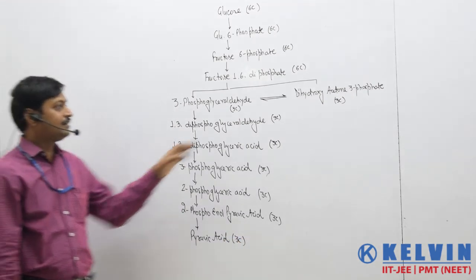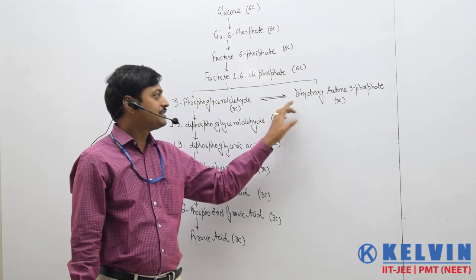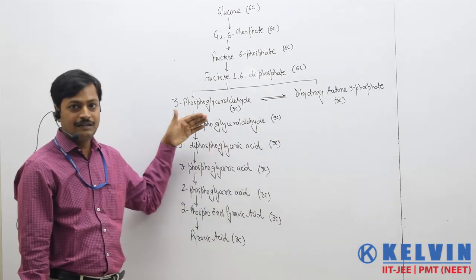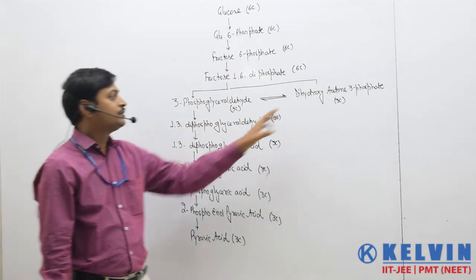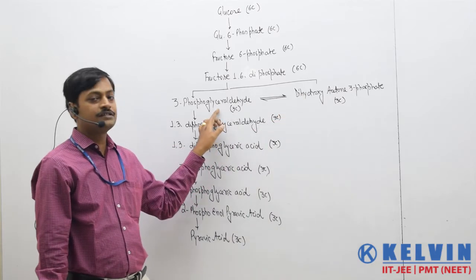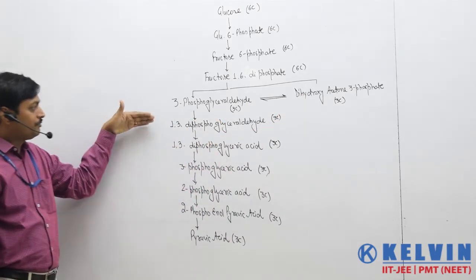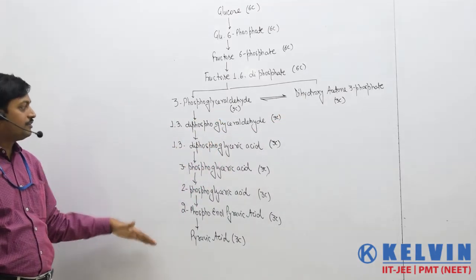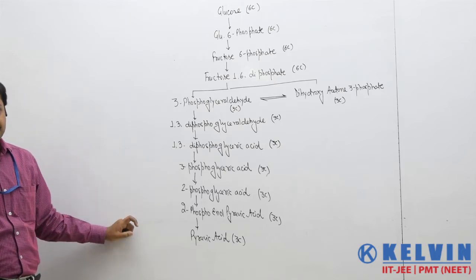If we consider that this 3-carbon compound is an isomer of this, because in aldehyde reactions are more common, so if this compound is converted into this, we can also write from 1,3-diphosphoglyceraldehyde onwards, we have 2 molecules of each compound.